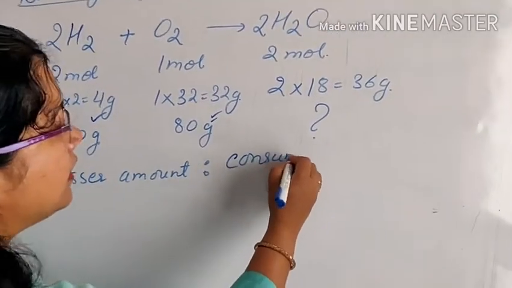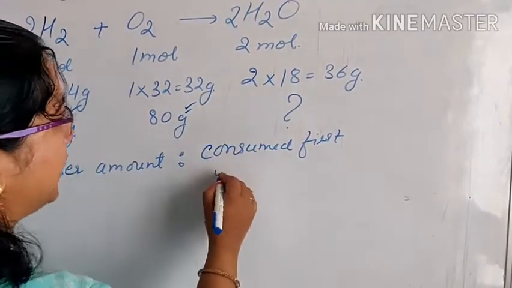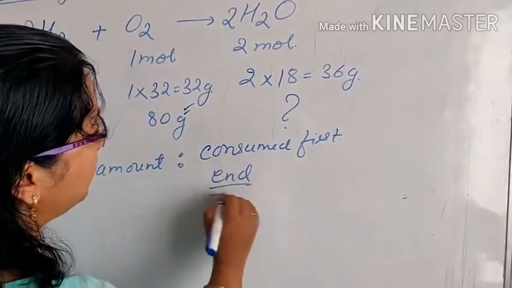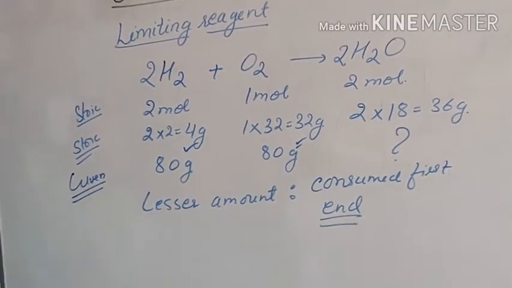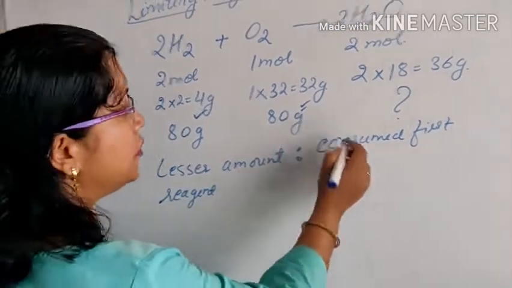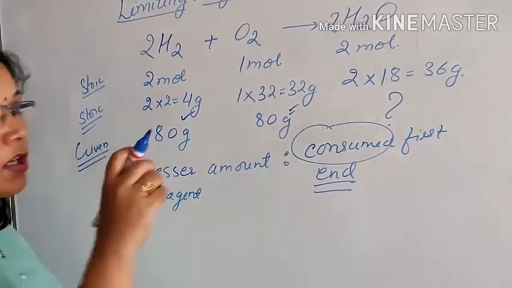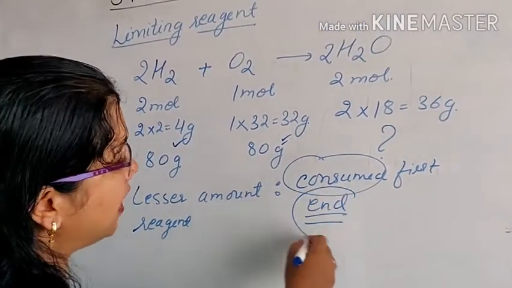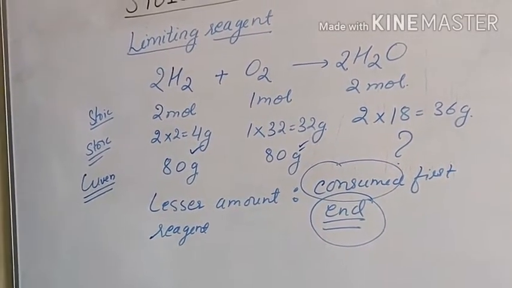It will be consumed first, and as soon as it is consumed, the reaction will come to an end. So such a reagent which is present in lesser amount and is consumed completely in the reaction, and after the consumption of which the reaction comes to an end, is known as a limiting reagent.